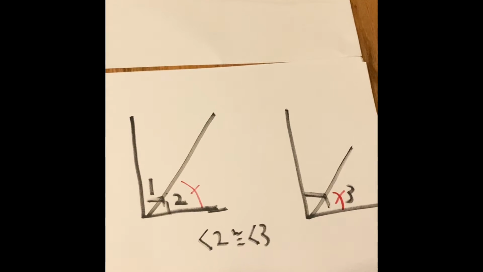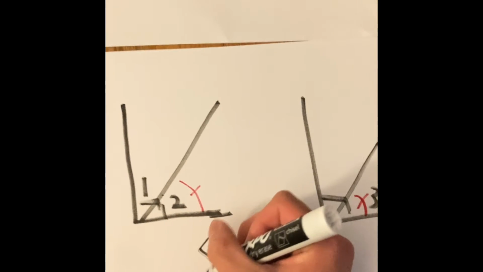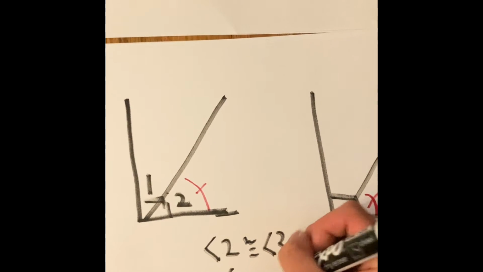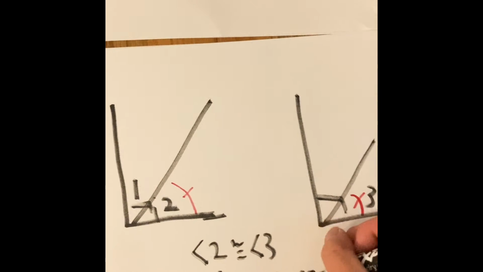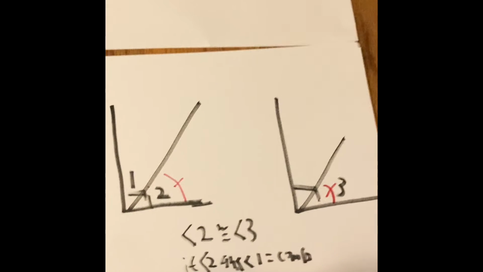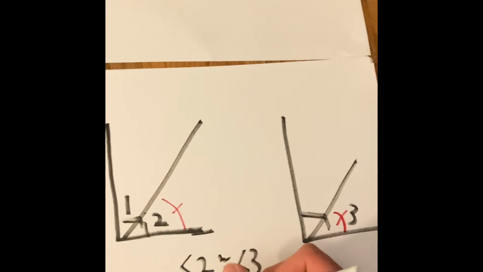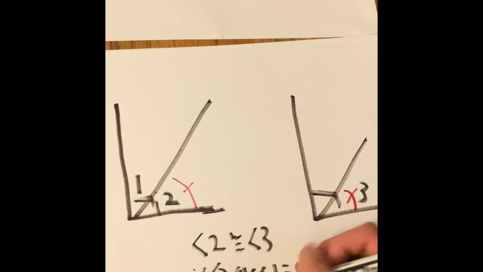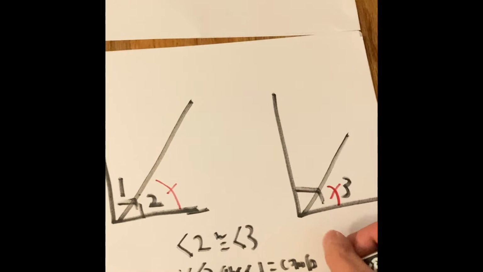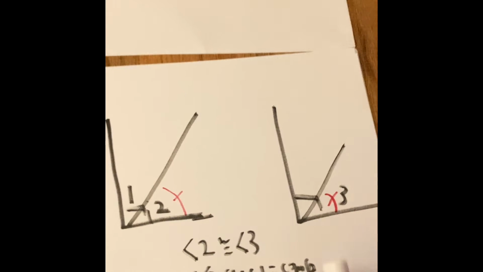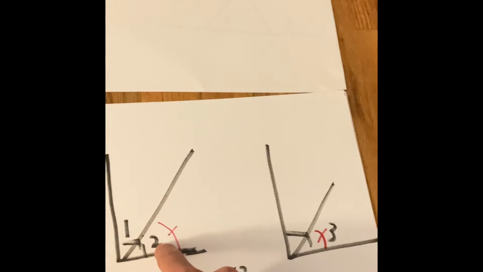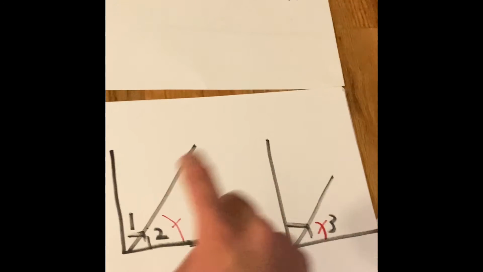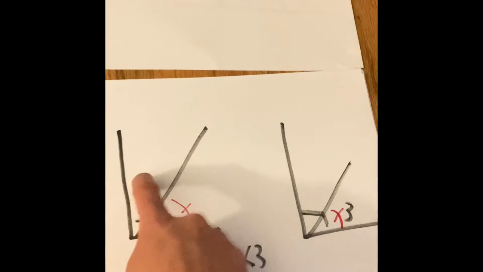To put this into perspective, if angle 2 and angle 1 are complementary to each other, then angle 2 and the missing angle are also complementary angles. So angle 2 would be complementary to this missing angle since it's complementary to angle 1.